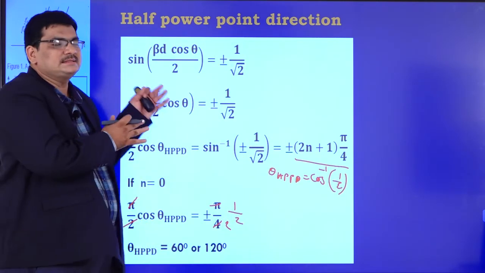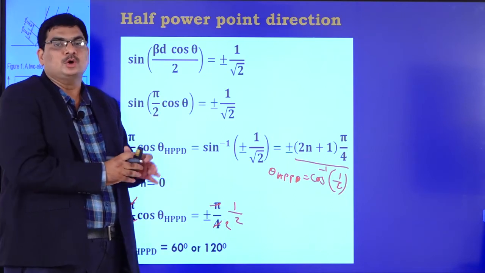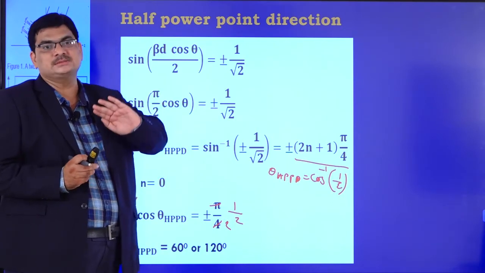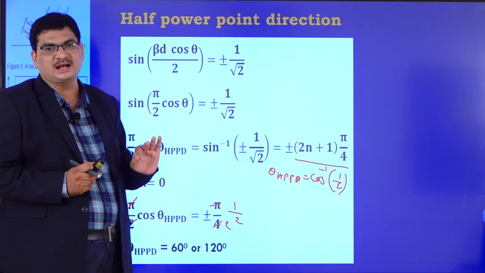So in both cases the half power beam width is the same, but only the orientation of the maxima beam and minima beam is changed because of the phase shift.